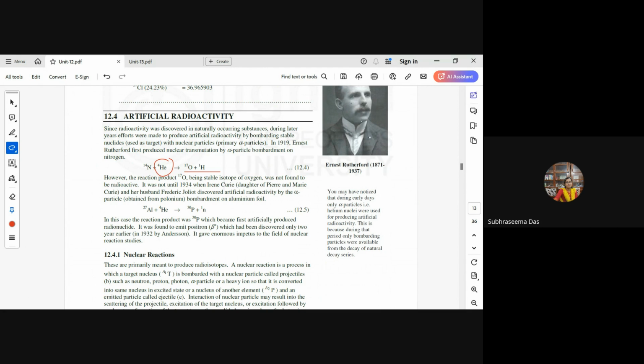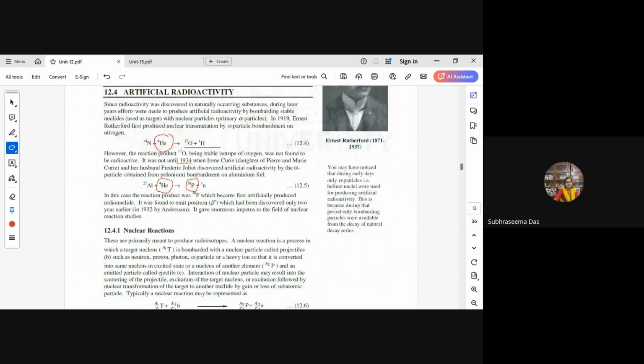Then in 1934, Irene Curie, who is the daughter of Marie Curie, discovered artificial radioactivity by bombarding alpha particles on an aluminium foil. After this reaction, the product obtained, that is 30P, was found to be radioactive in nature, and it became the first artificially produced radionuclide.